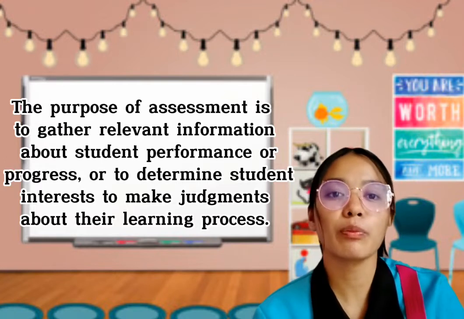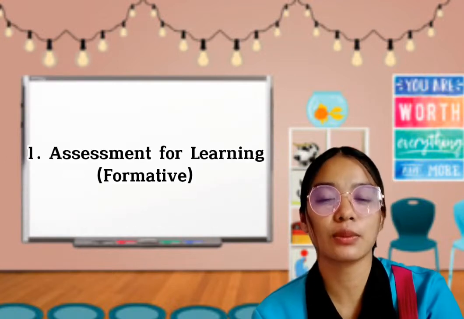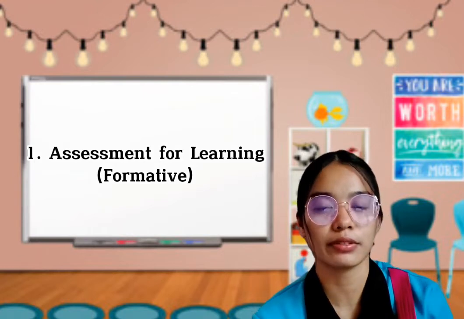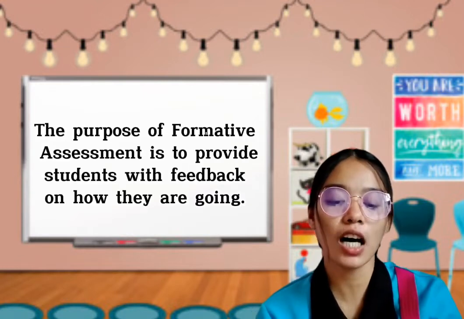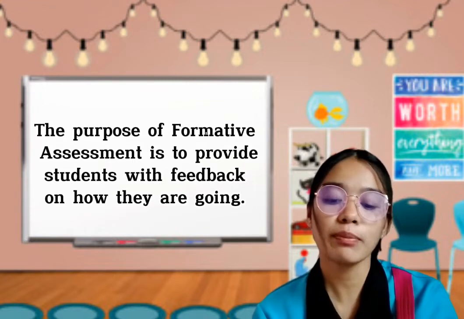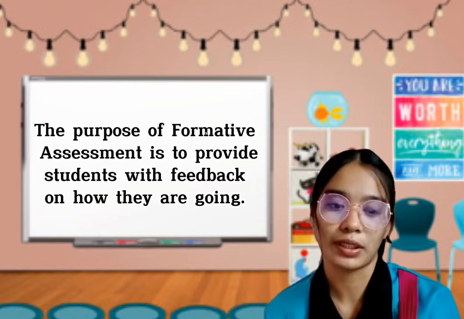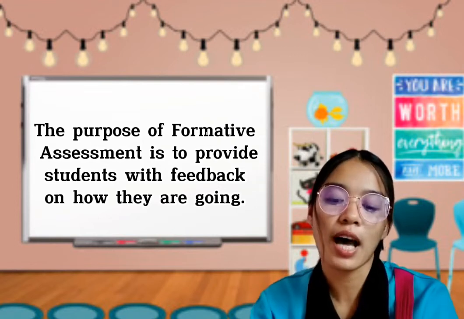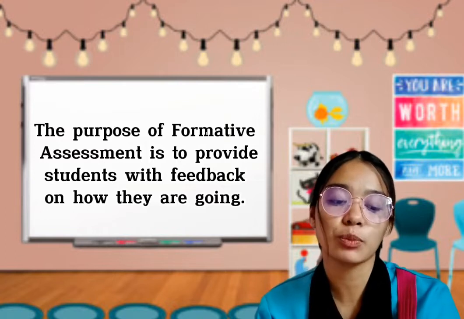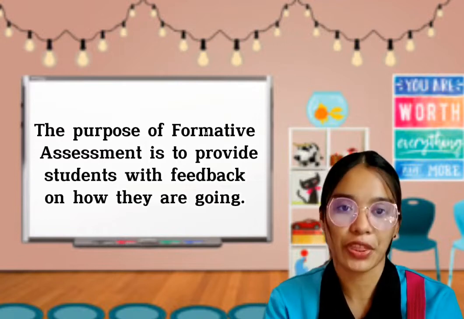So at this moment, we will proceed to the process of assessment. The first one is assessment for learning, which is formative. The purpose of formative assessment is to provide students with feedback on how they are doing. The aim is to help students improve their performance and make their next piece of assessed work better.